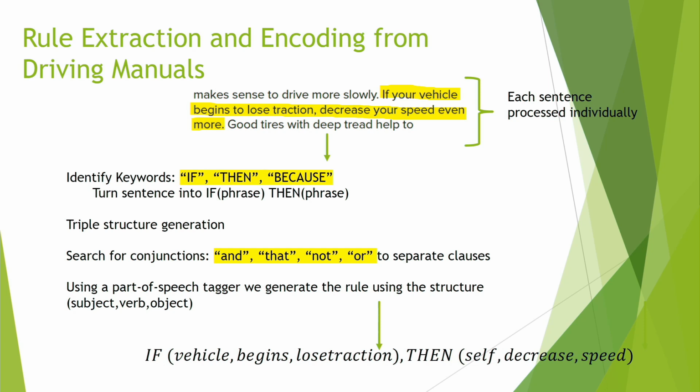Then we search for certain conjunctions such as and, that, not, or, in order to generate the different clauses. And finally, using a part-of-speech tagger, we can generate the rule using the structure subject, verb, object.